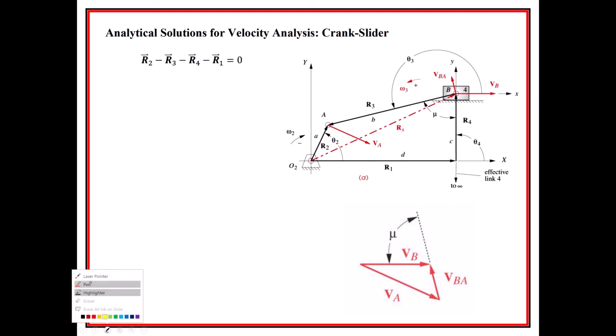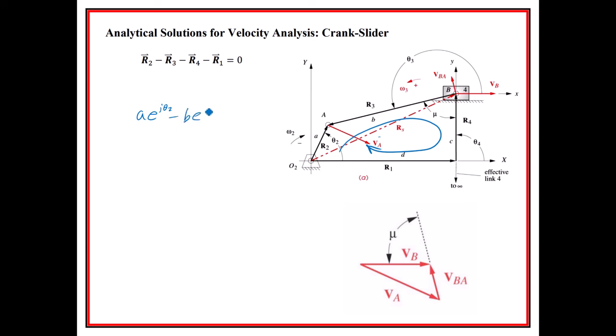I'm going to go to my pen. As we're taking a vector loop of the thing, we have a e to the j theta 2 minus b e to the j theta 3 minus c e to the j theta 4, and then it's going to be minus d equals 0, right?